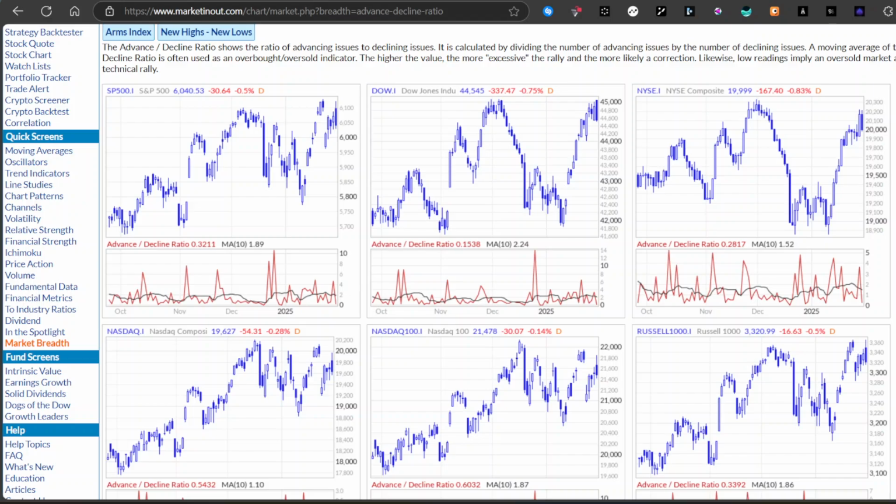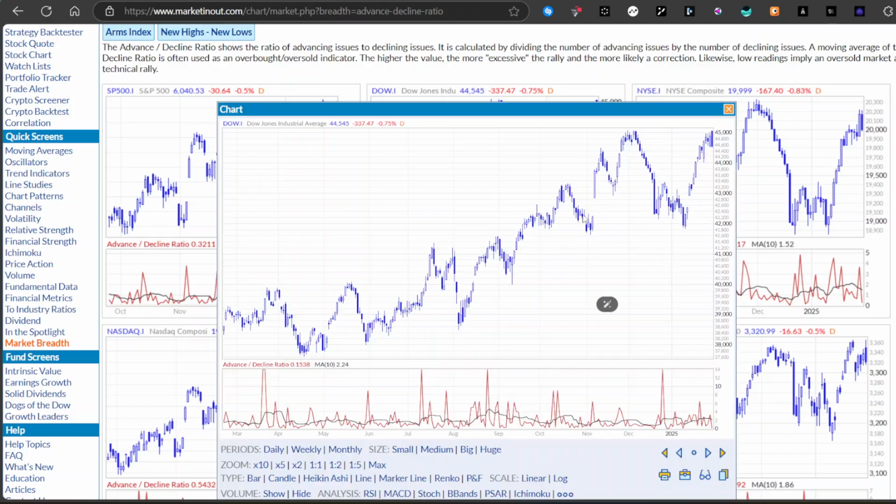Now let's quickly discuss some practical steps for incorporating the advance decline ratio into your daily trading routine. You can begin by routinely monitoring the ratio on a daily chart, observing how many stocks are advancing versus those declining, and taking note of any patterns that emerge over time.